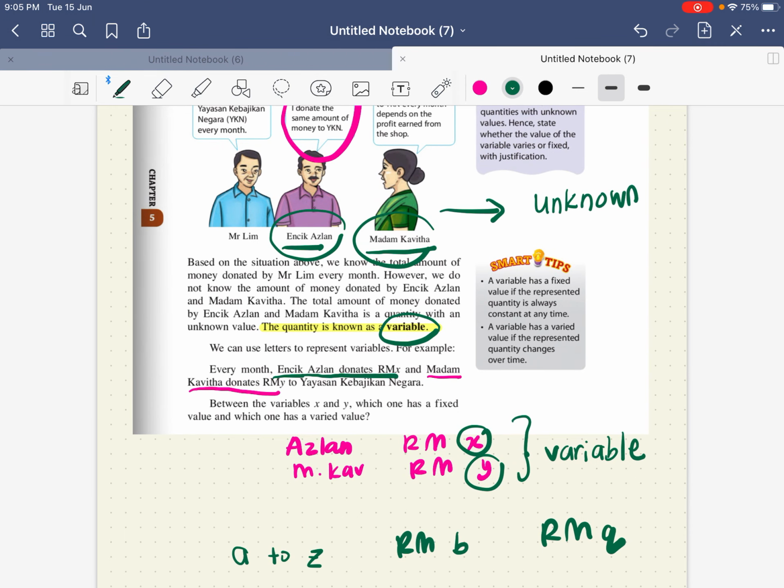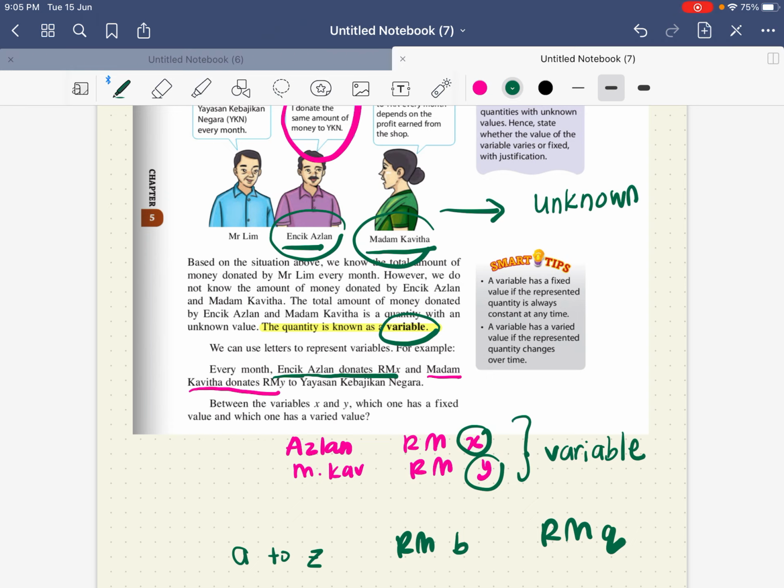We don't know the amount. We don't know the quantity. Or in another simple example, you don't know how many people live in Kuantan.